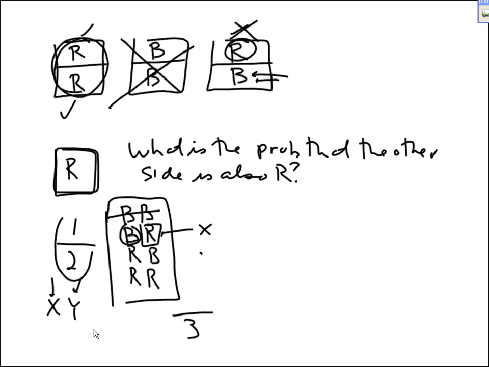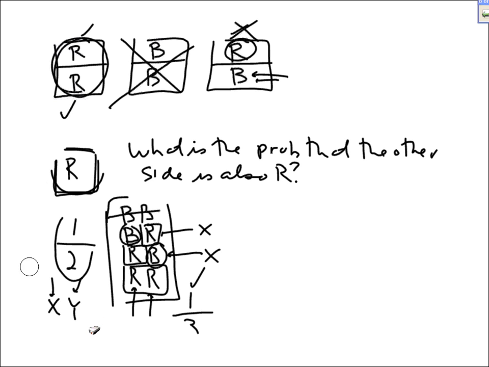If we are looking at this card, we're seeing this red, because I'm telling you, you're seeing red. The other side is not red. If we're looking at that card, whether this is the front or that's the front, the other side is red. 1 out of 3. But a lot of people will think it's a half.